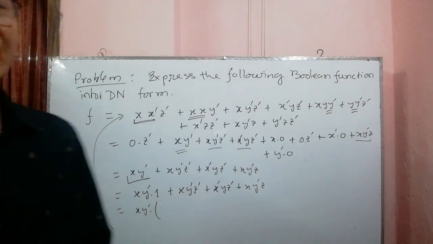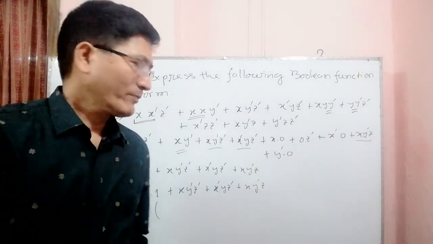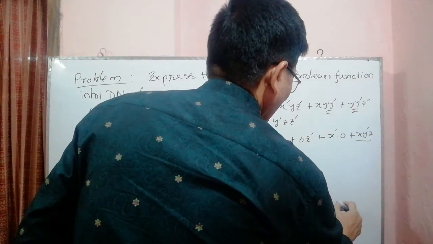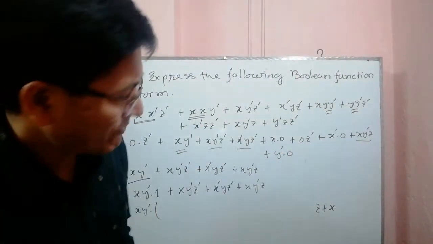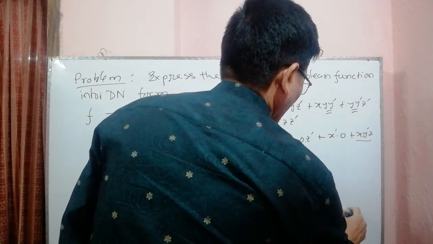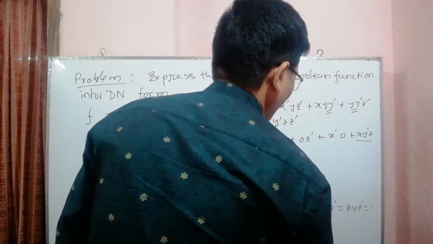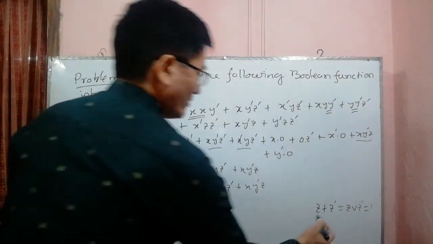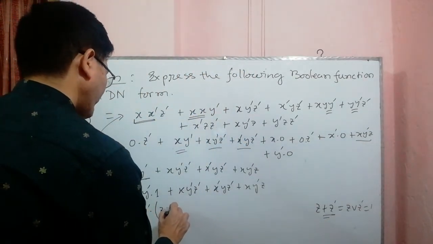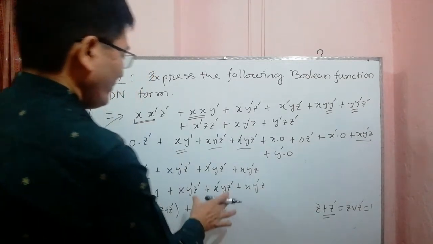Instead of 1 we will use the missing variable, which is z. You know z plus z prime, z join z prime, equals 1. So instead of 1 we are using z and z prime, and this will remain the same.